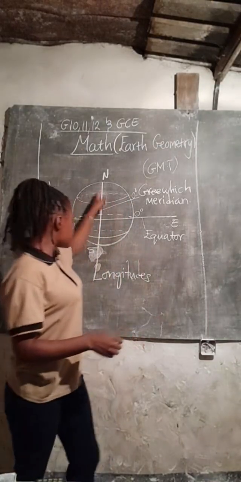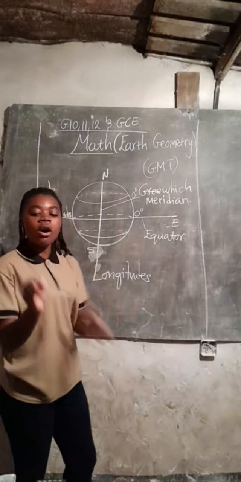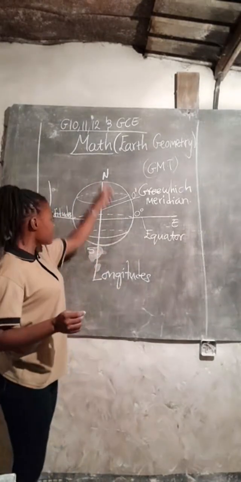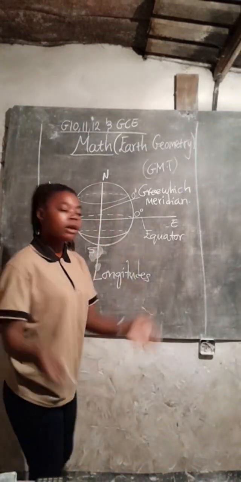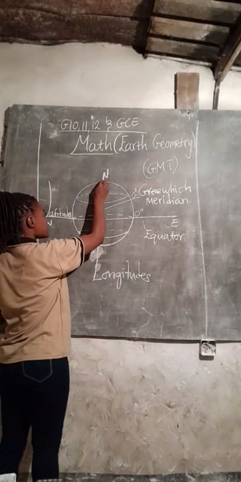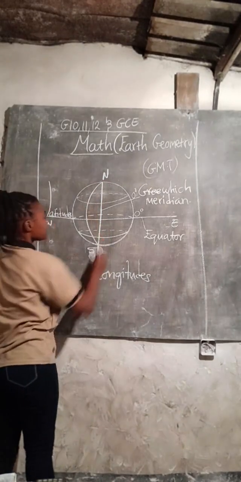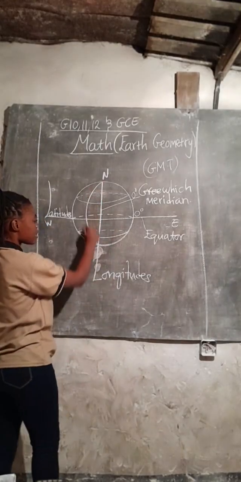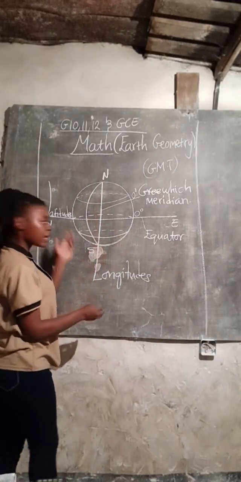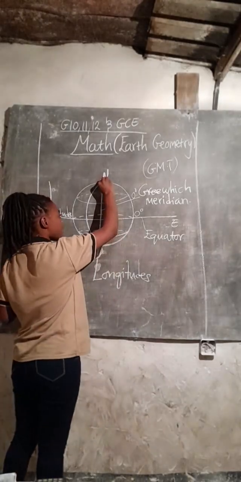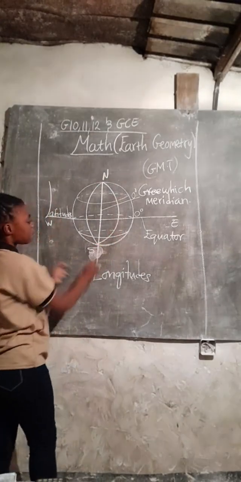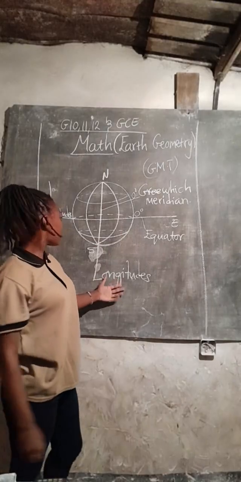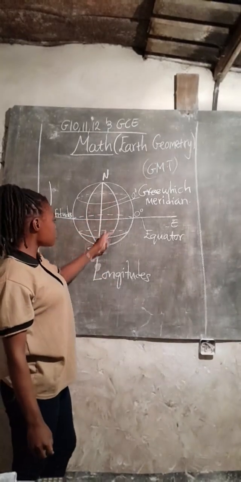Meaning, if this is a line of longitude, all the lines that are going that way are lines of longitude. If we have this line, that is a line of longitude. Why? Because it is running from north coming to south. Again, if we have this line from there coming this side, that is a line of longitude, because it is running from north coming to south.